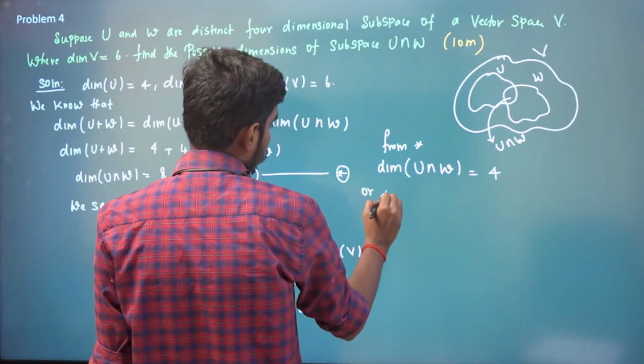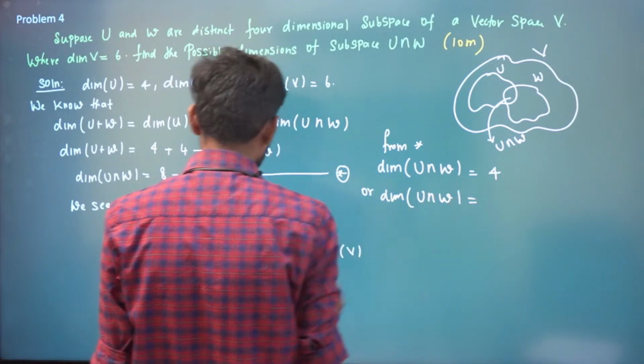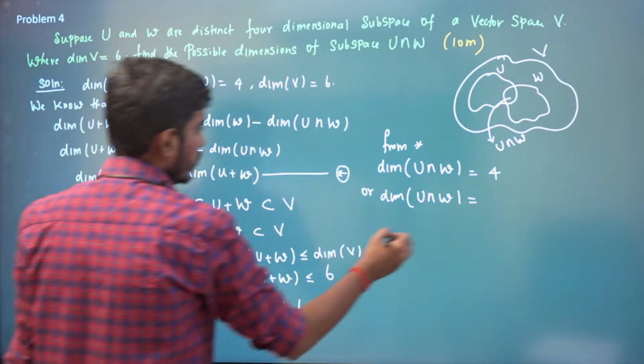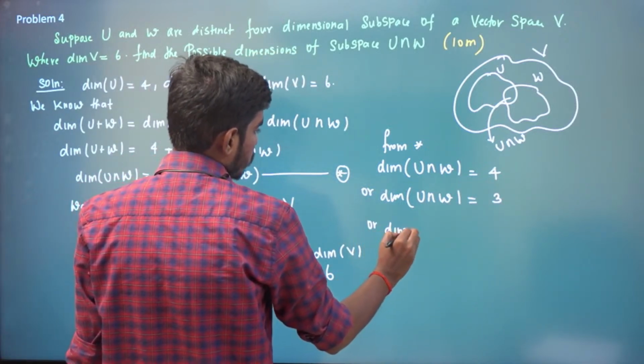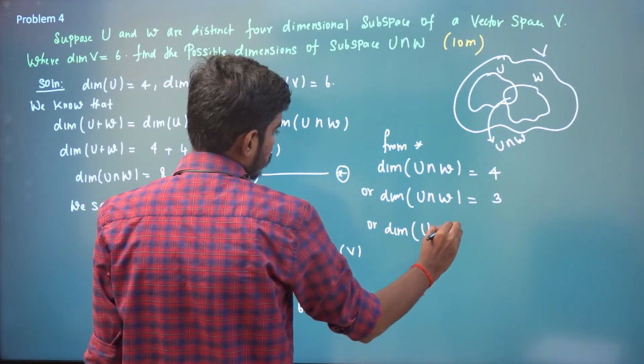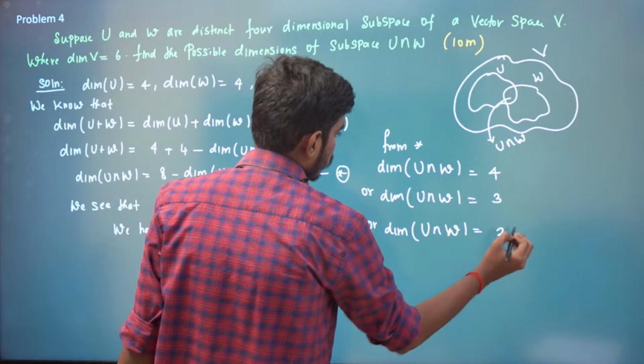Or if this is 5, this will be 3, right? Or if this is 6, it will be equal to 2, right?